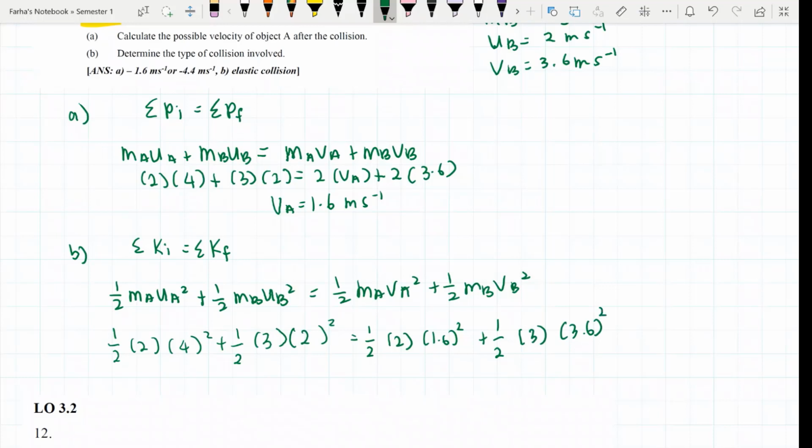So we compare whether they are the same, and we will find that the sum of kinetic energy initial is 22 joule, and the right hand side is also the same, 22 joule. Therefore, it is an elastic collision.